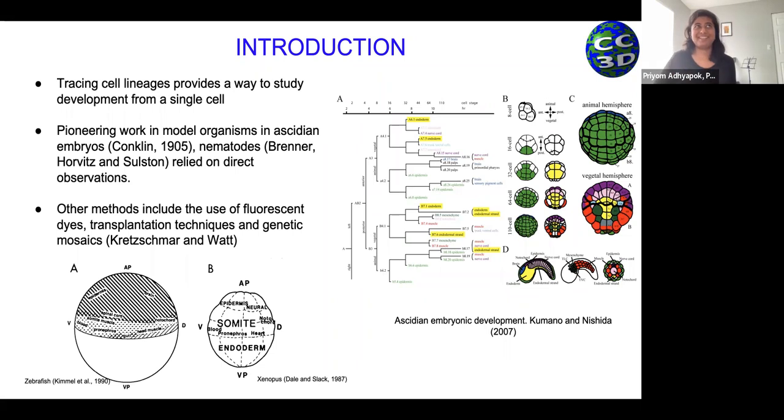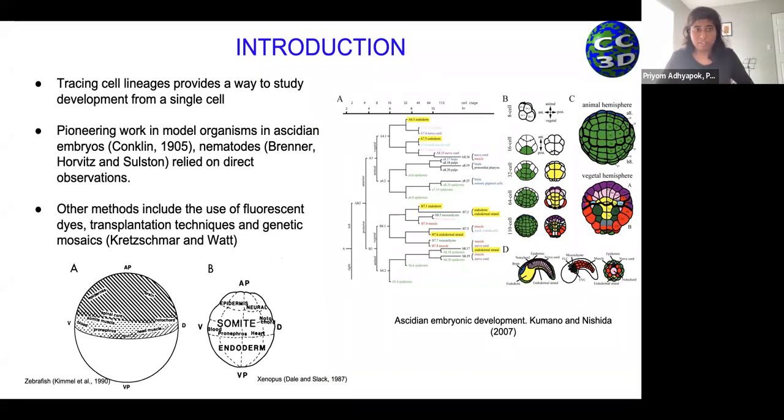People sat down and drew and observed cells for hours and days and made fate maps of where these cells would end up in the whole body plan. That was a lot of work, and eventually, with the advent of transplantation techniques and fluorescent dyes, lineage tracing became easier to understand.